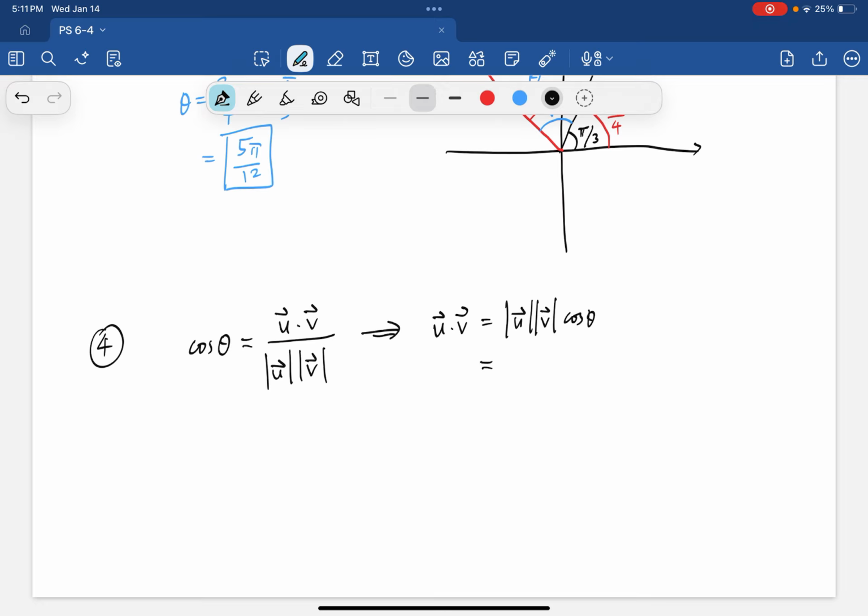That's simply the equation we're going to use. Magnitude u is 4, and magnitude of v is 10, and theta is 2 pi over 3. And so cosine 2 pi over 3 is simply negative half. So this is 40 times negative 1/2, which is negative 20. And that would be our answer.